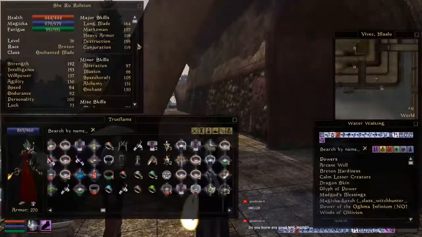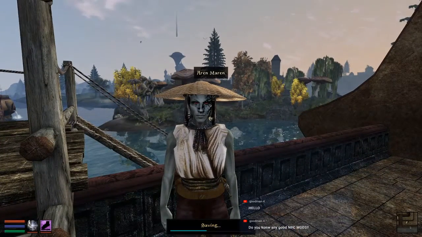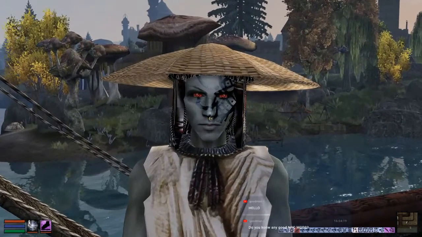So here we are, Lalu, Canton, want to reach the foreign quarters.